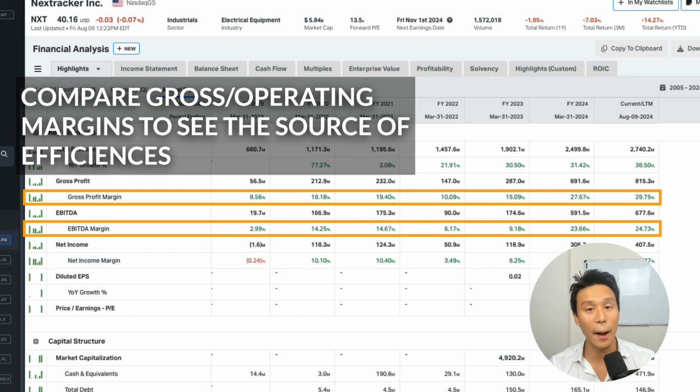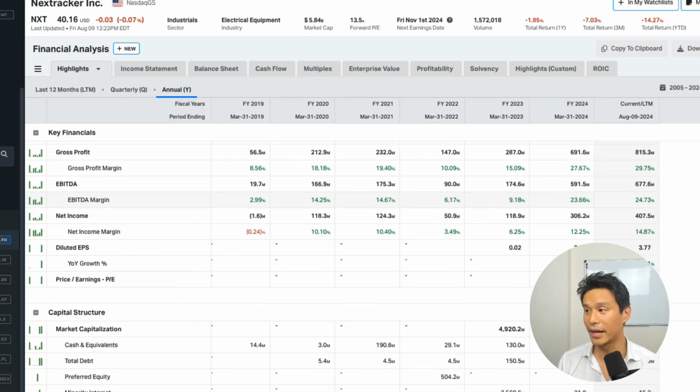If it's coming from the operating margin side, so if you see gross margins stable and operating margins increase, that means the business is just becoming more efficient in using its operating costs. So things like sales, marketing, or administration expense, really it means the business is becoming more efficient as an operating entity.